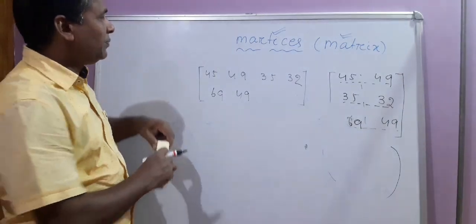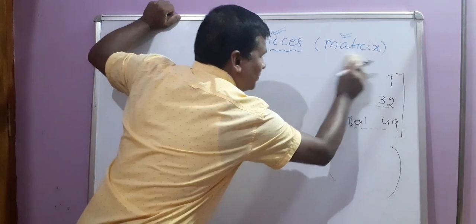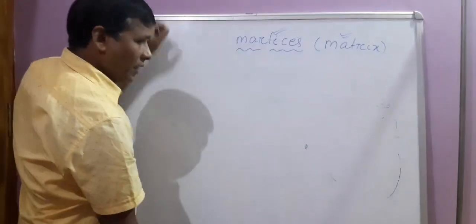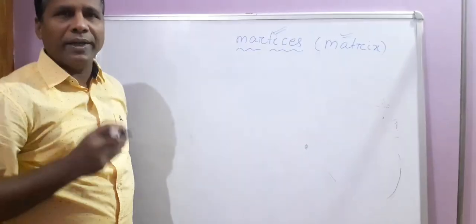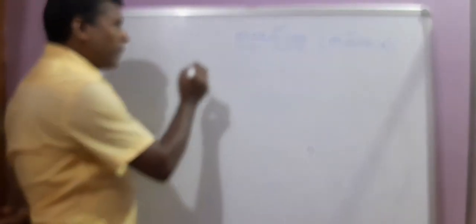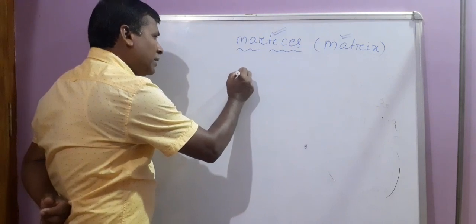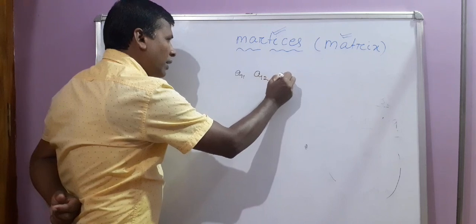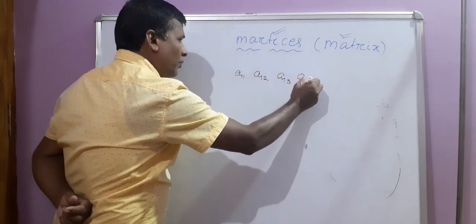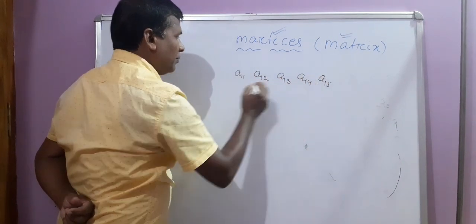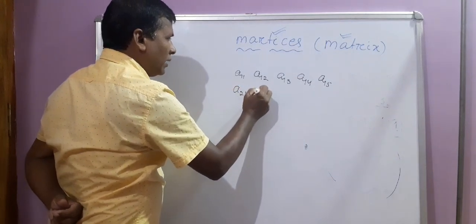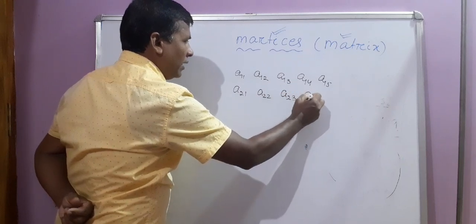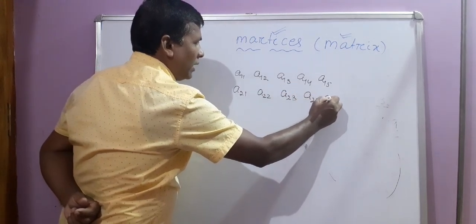Dear students, suppose there are 10 entries. We can define by the matrix system A11, A12, A13, A14, A15, A21, A22, A23, A24 and A25.